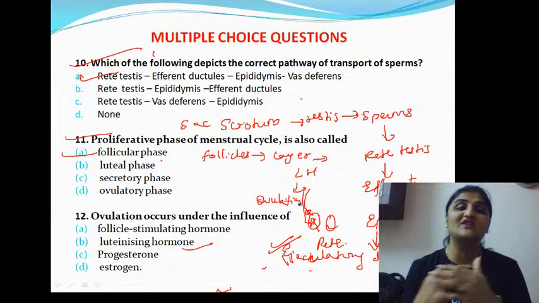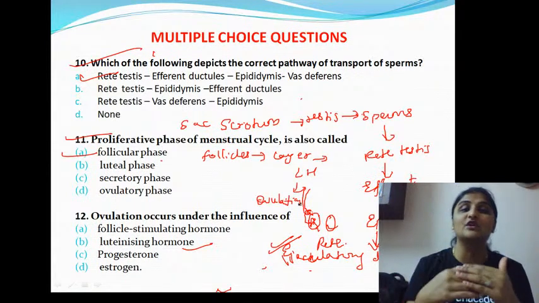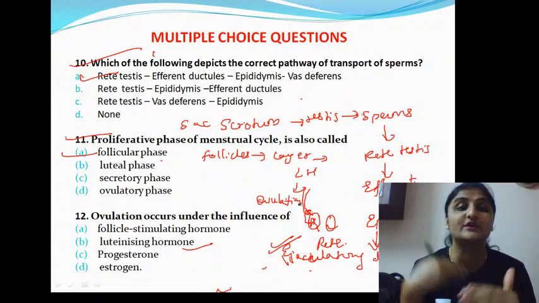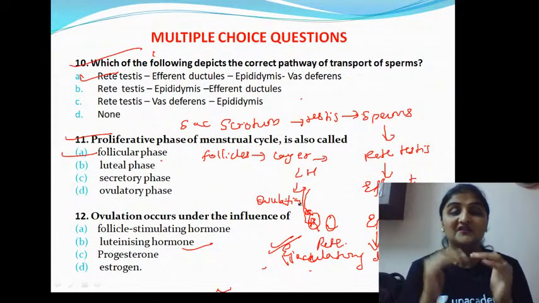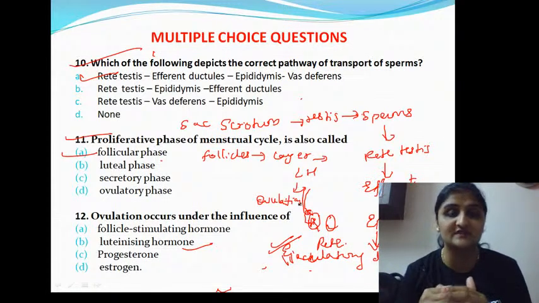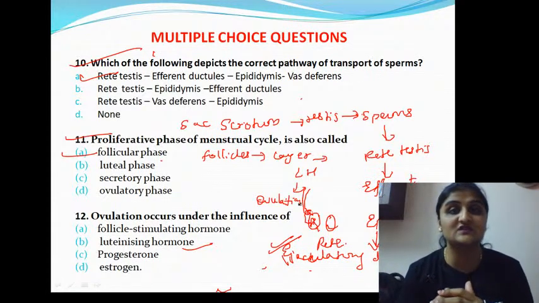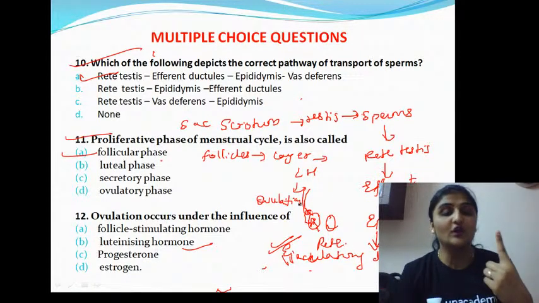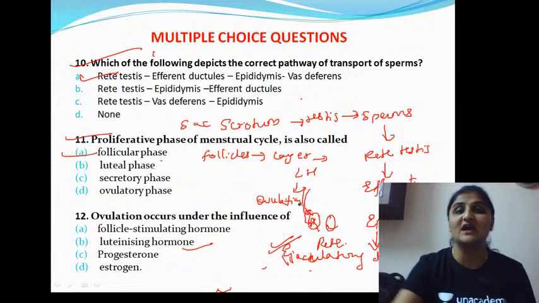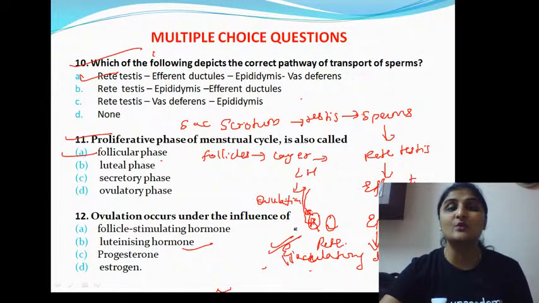Before ovulation we need FSH, and when the egg is mature and ready to come out of the ovary, we need LH. That phase is called the luteal phase, the last phase where fertilization takes place. So the sequence is follicular or proliferative, then secretory, then ovulatory, and then luteal phase, the four phases till fertilization.